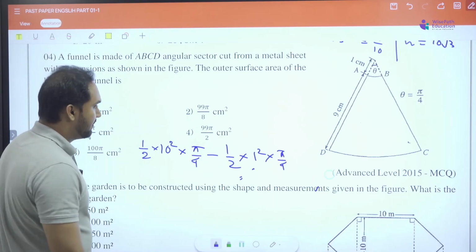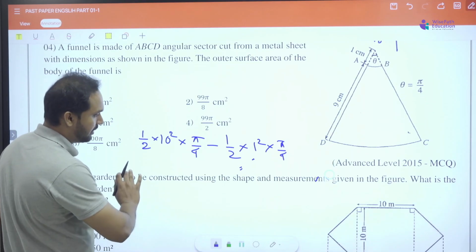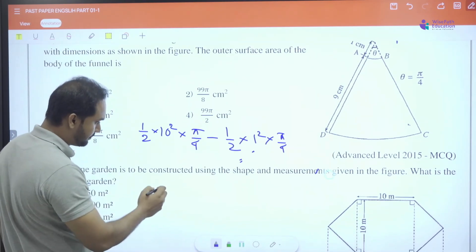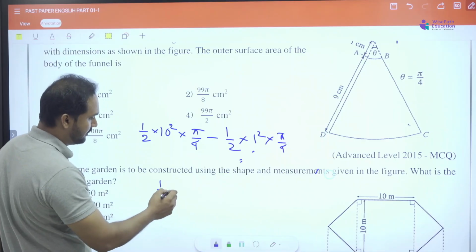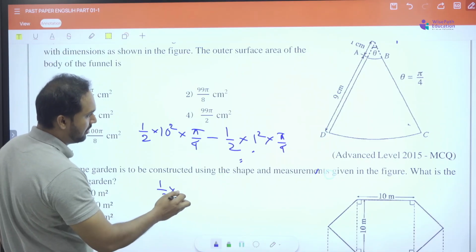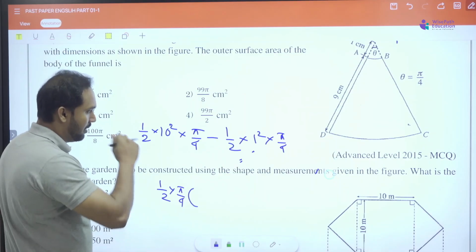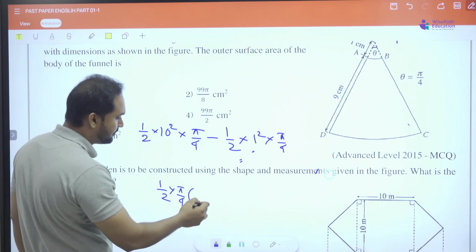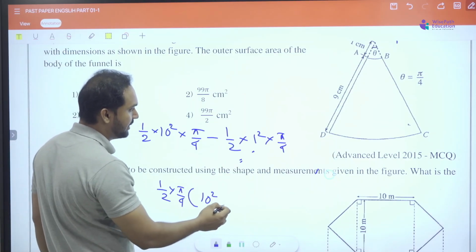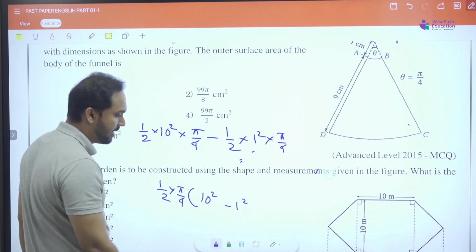You can take the common factors out if you want. That will be easy. That is half times 5 over 4, right? So what is left there? 10 square minus 1 square is left there.